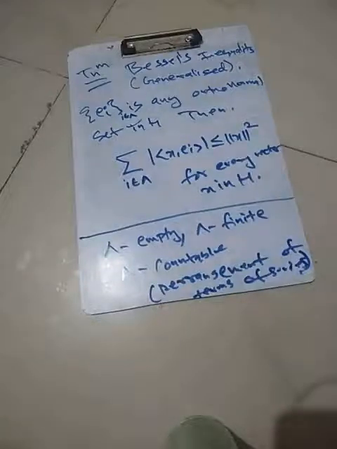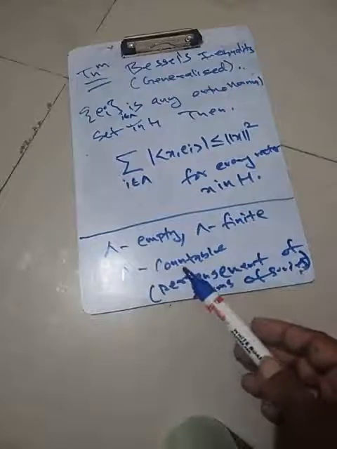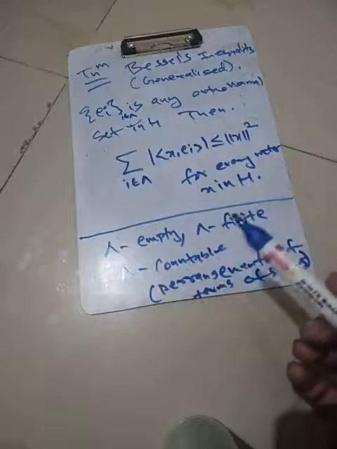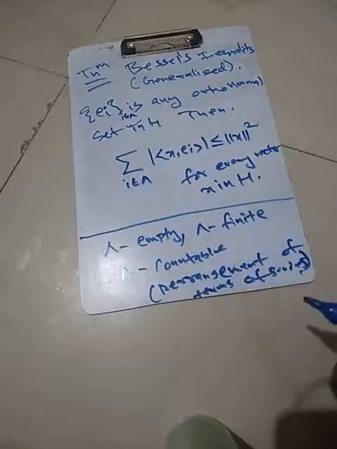If lambda is uncountable, that would not be the case. We'll try to prove here, as in the previous case, that the set S, the collection of those e_i such that the inner product of x with e_i is non-zero, is countable in nature.